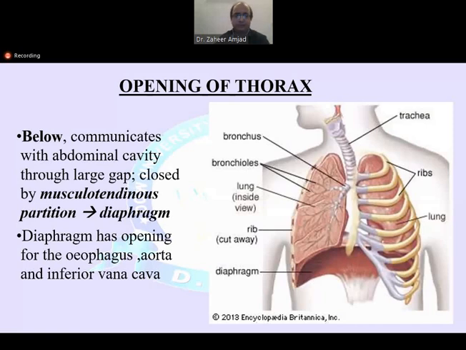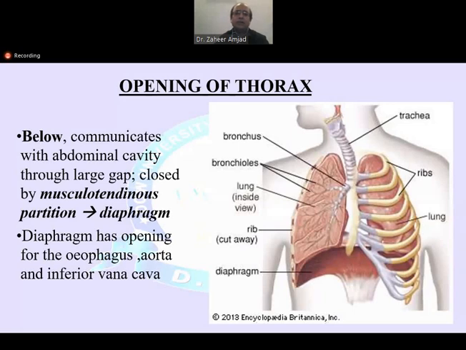And in a normal relaxed state, it lies at a higher level as compared to the lower boundary of the thorax.